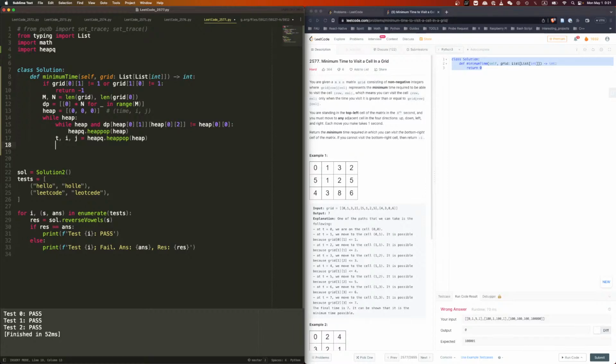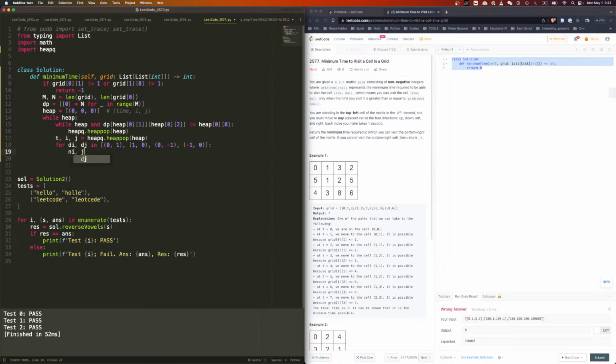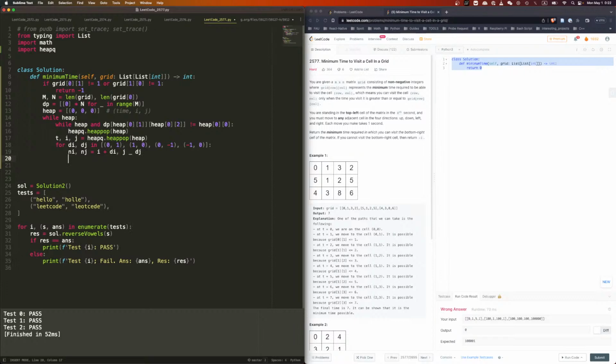Okay, so something gets popped out. Then what? Then I look at for di, dj in (0, 1), (1, 0), (0, -1), (-1, 0), okay? ni and nj equal to i plus di, j plus dj, okay?